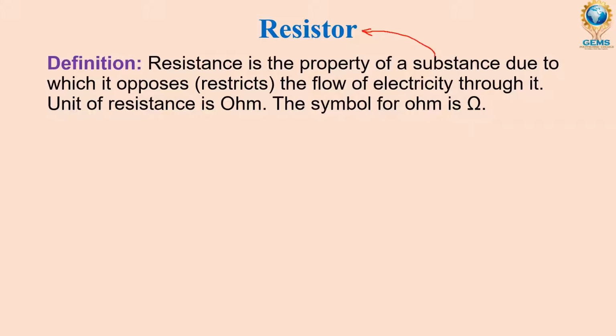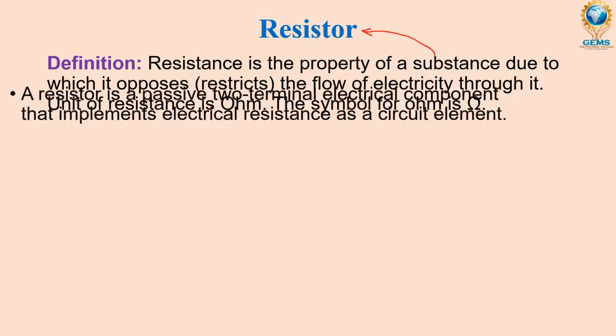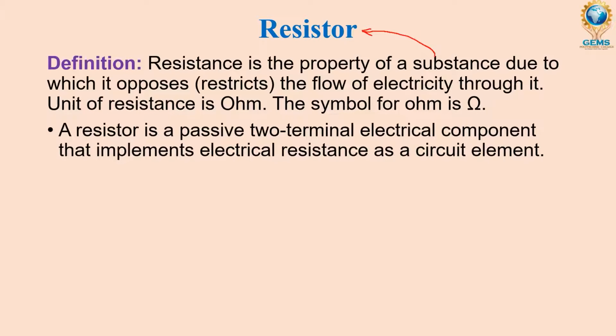Next we'll see ahead. A resistor is a passive two-terminal electrical component that implements electrical resistance as a circuit element. This is a passive two-terminal element.